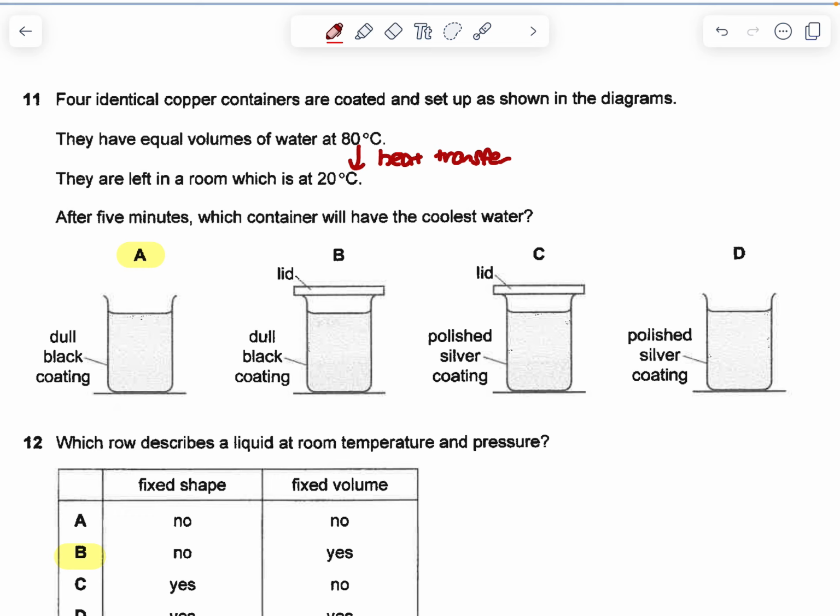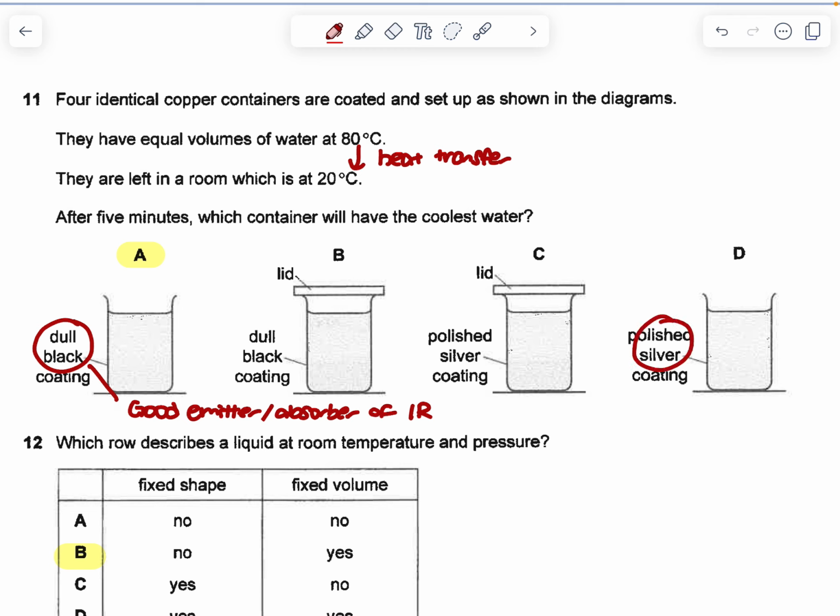Okay, after 5 minutes, which container will have the coldest water? So as we know, black and dull are good emitters and absorbers of infrared radiation.